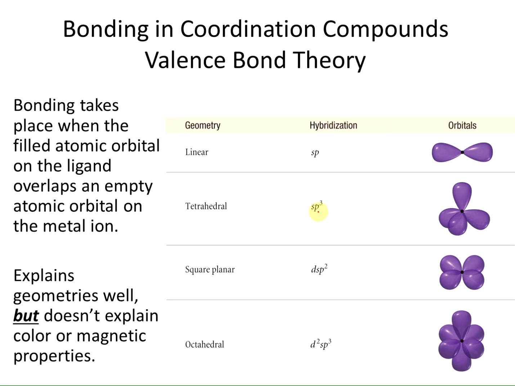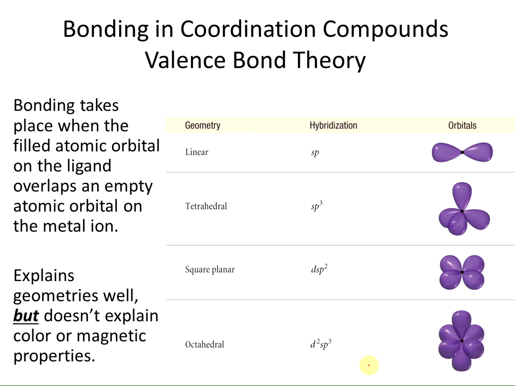With sp hybridization, you hybridize an s and a p orbital to create a linear geometry. For a tetrahedral geometry, you're hybridizing an s orbital and 3 p orbitals. For square planar, it was using a d and an sp2, and for octahedral, 2 of the d orbitals, an s, and 3 p orbitals to create octahedral geometries.